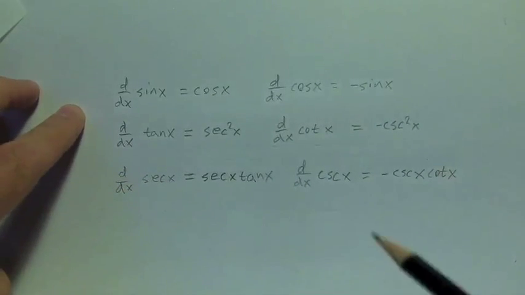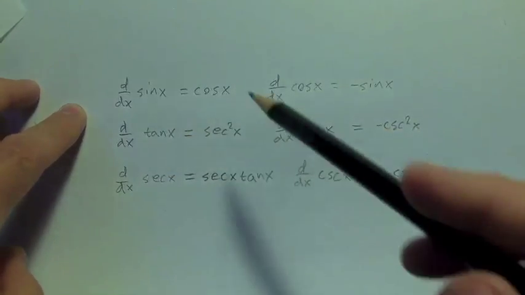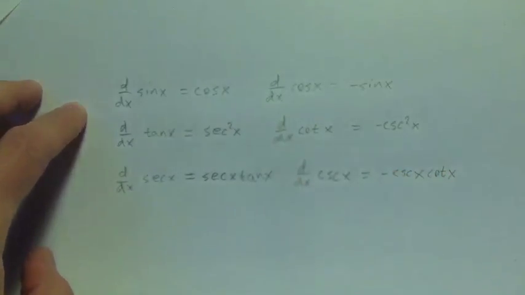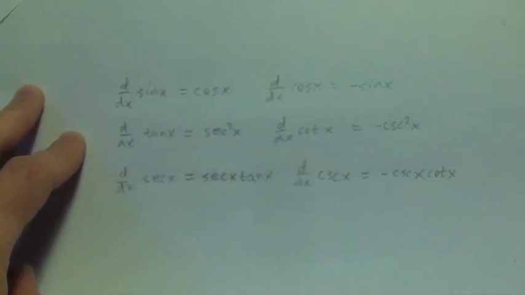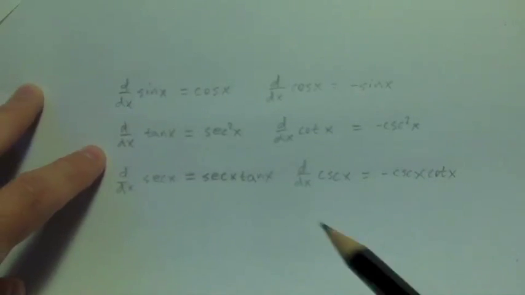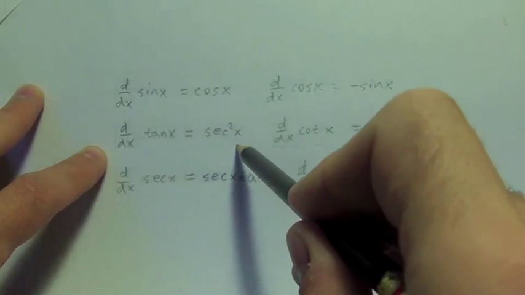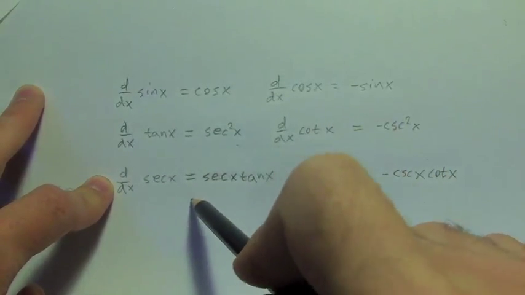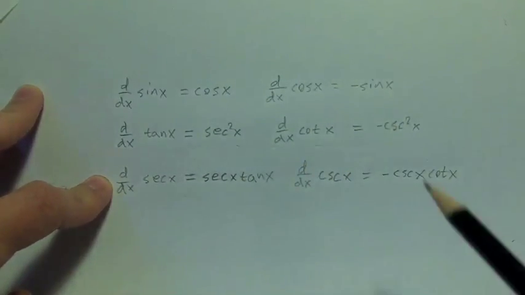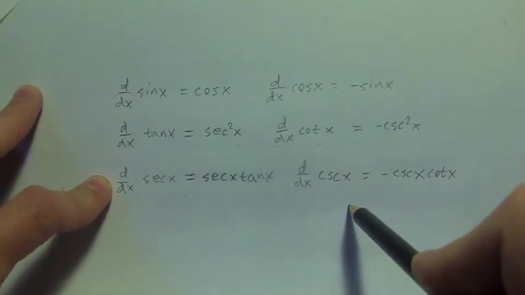Pretty much, you need to know that the derivative of sine x is cosine, and the derivative of cosine is negative sine. But from there, as long as you know that the derivative of tangent is secant squared, and the derivative of secant is secant tangent, you have the cotangent and cosecant derivatives right there.